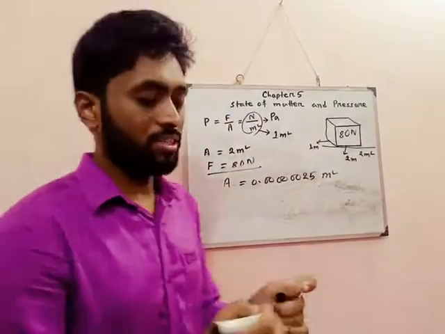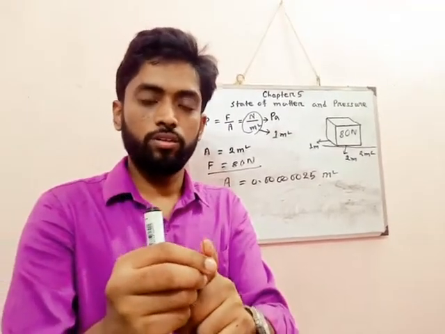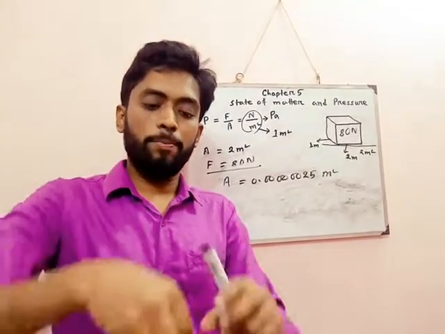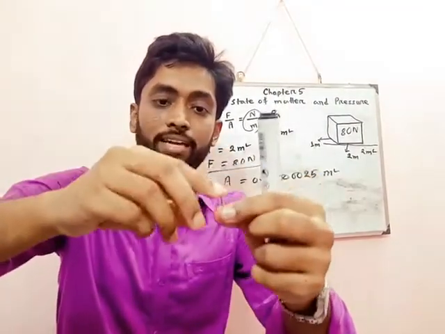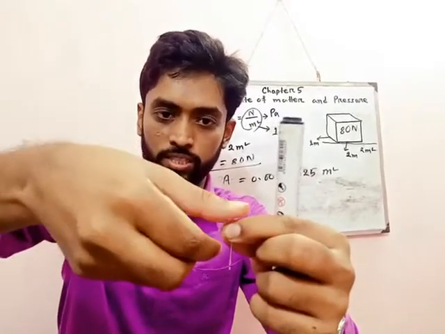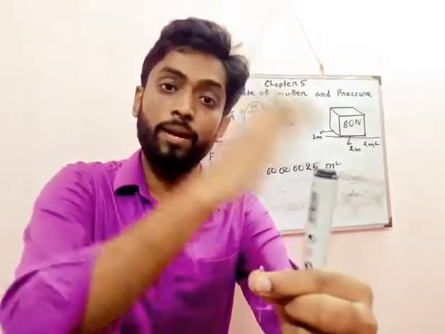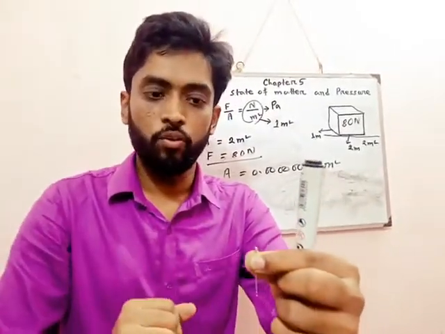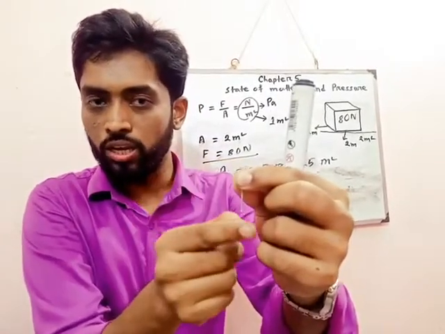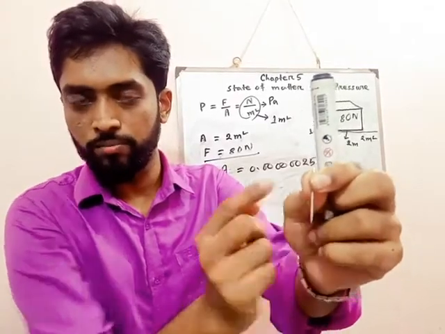It must be an approximate value. Then if I apply the 80 Newton force, the same force that was applied by the box on the table, to this pin, the entire 80 Newton force will be transferred to this pin point.